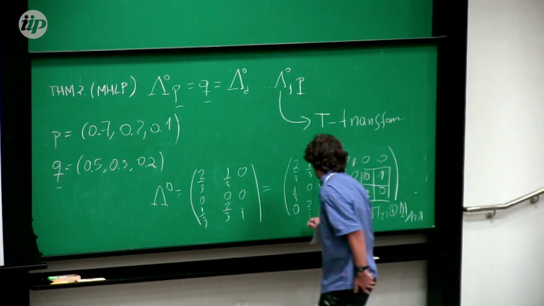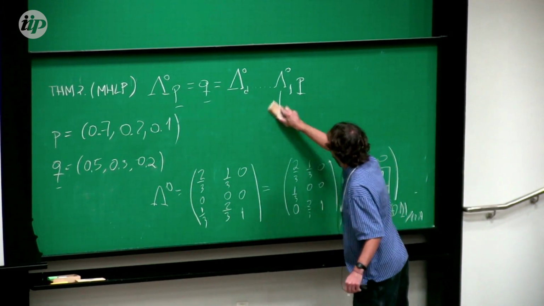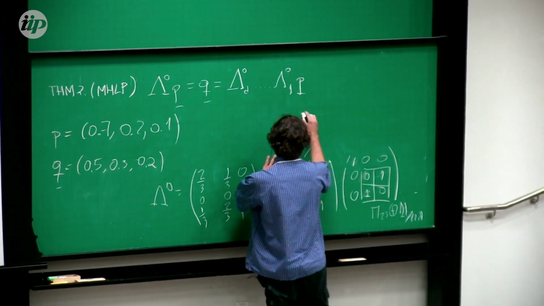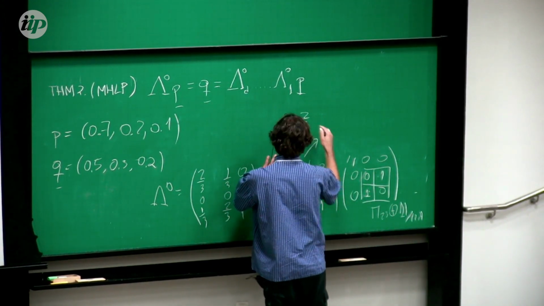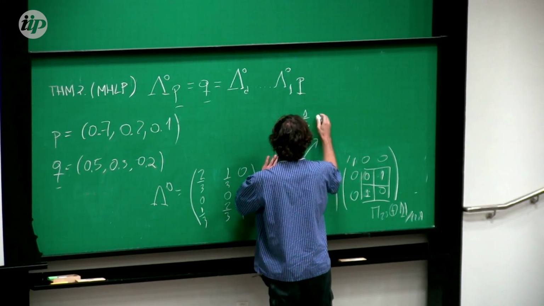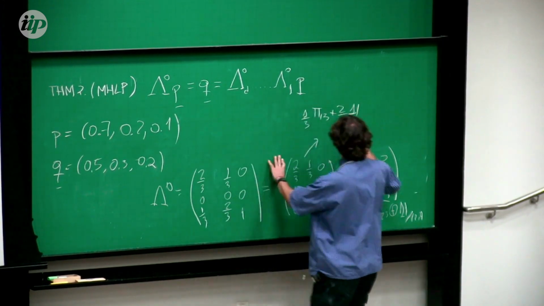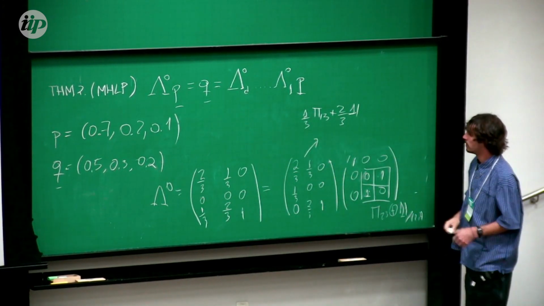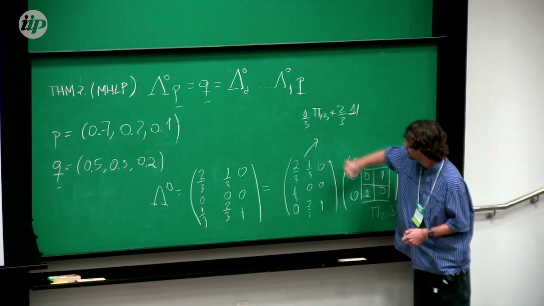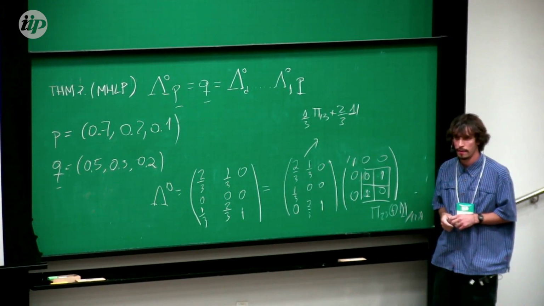And this will be 2/3, 1/3 P_{13} plus 2/3 identity, which is a T-transform. So I flip a coin. With this probability, I don't do anything. With this probability, I do a swap between energy levels 1 and 3.